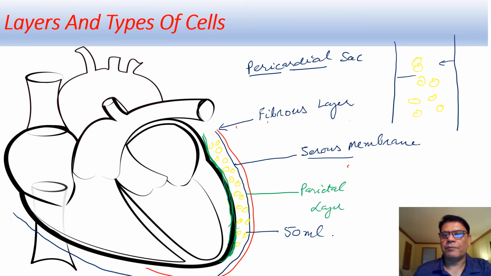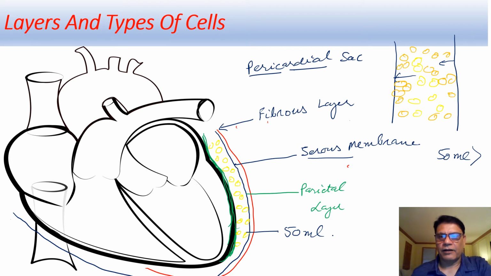There is equilibrium between production and absorption of this fluid. When this equilibrium is disturbed and less fluid is absorbed and there is more production of fluid, and the volume becomes more than 50 ml, this situation is called pericardial effusion.